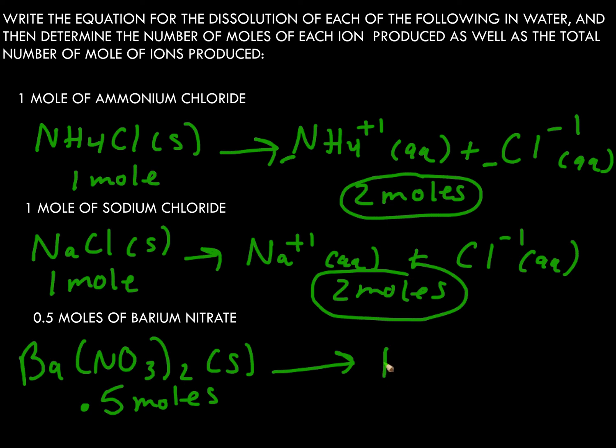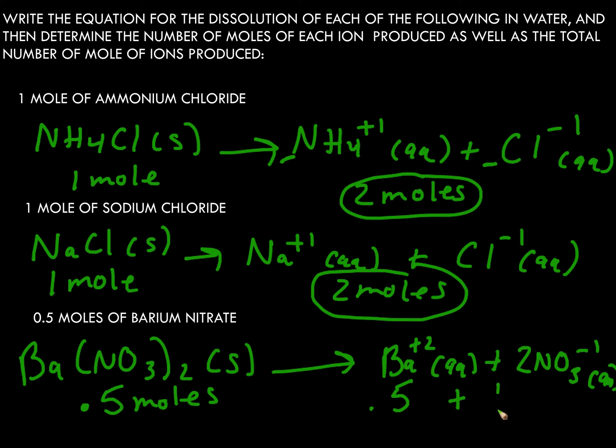So for Ba plus 2 aq plus 2 NO3 minus 1 aq, I have a coefficient of 1 here, so that means I have 0.5 moles, plus I have my normal 0.5, but multiplied by 2 that would give me 1. If I added these together, I would have a total of 1.5 moles.